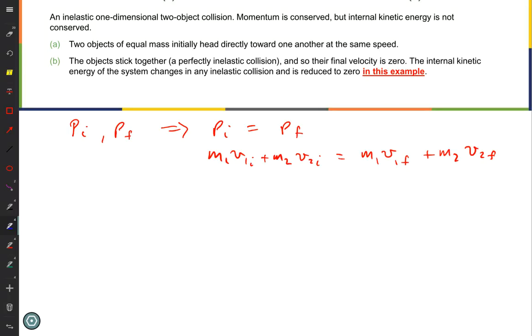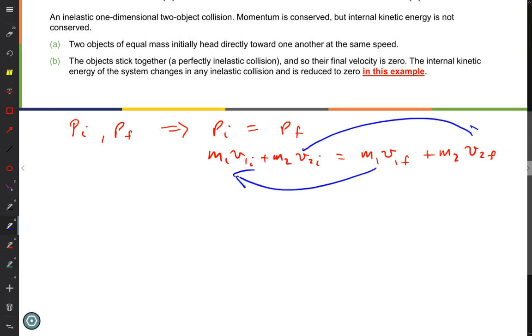So I'm going to move the mass 1s to the left side and the mass 2s to the right side. So that means on the left side, I'm going to be left with M1 V1 initial minus M1 V1 final equals M2 V2 final minus M2 V2 initial.